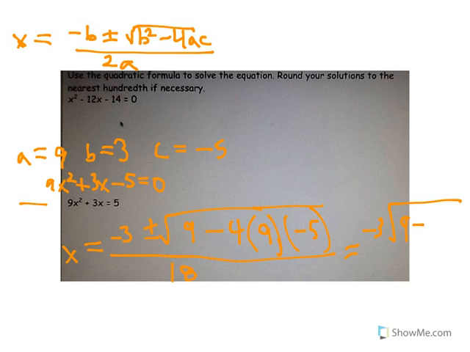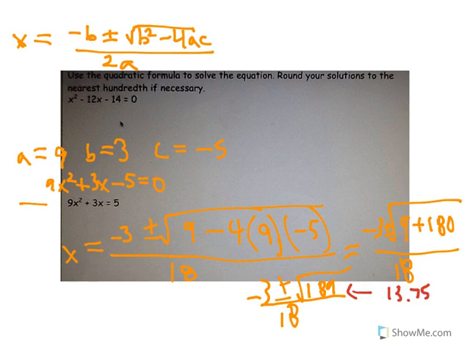So it's actually going to be plus 180, because that's what it all multiplies out to, and then we have that negative sign. So now it's going to be over 18 again. And so negative 3, sorry, plus or minus, I forgot that part. Negative 3 plus or minus the square root of 189. And actually, that's going to work out very nicely, I think.